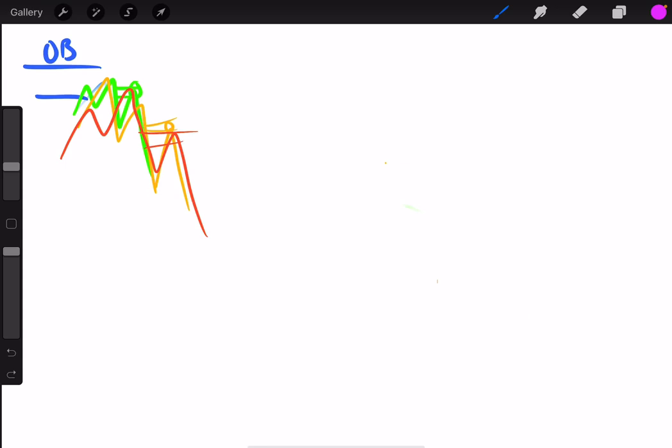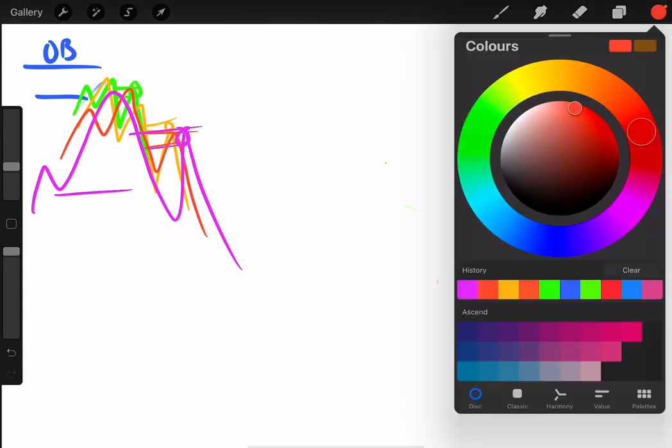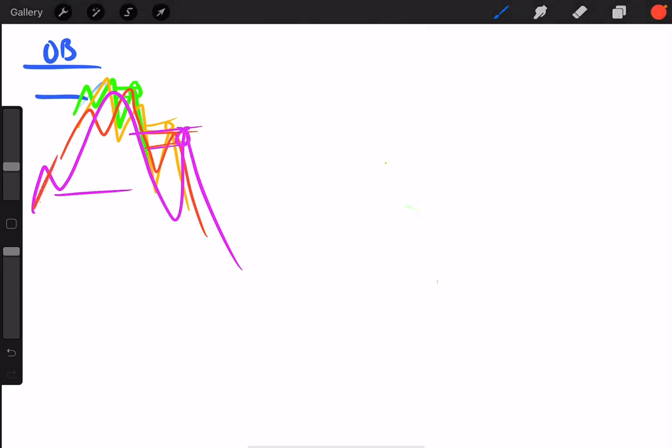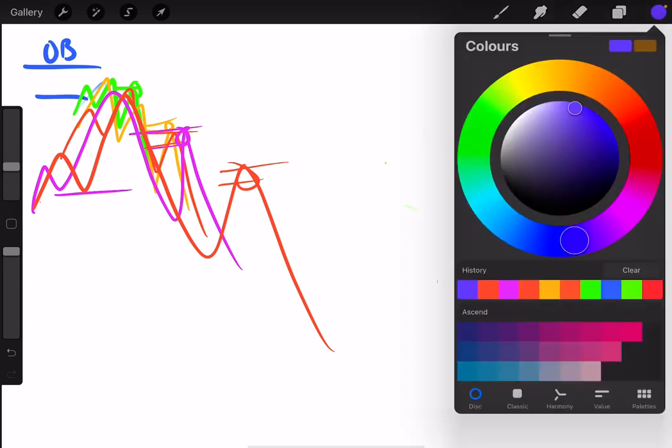Say this is the hourly time frame. We've just broken structure, and we've got an entry here. Okay, and then we've got the 4 hour time frame. Exactly the same principle, and the entry point is here. And let me just do the daily time frame, seeing as we're going through the different time frames.